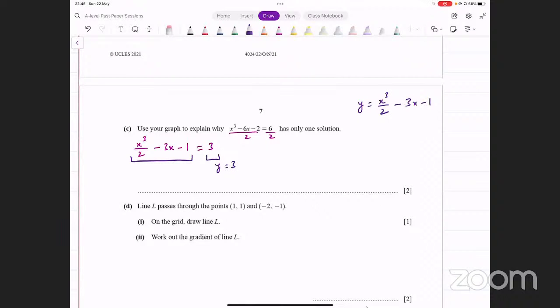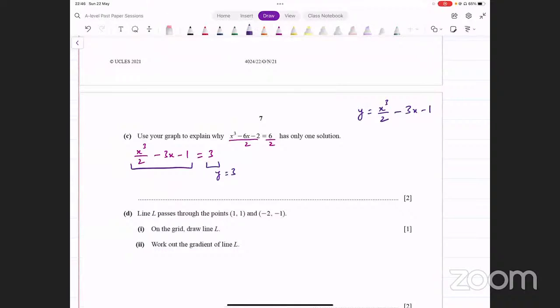So what you have to do now is draw the line y equals 3 on the grid and see at how many points it intersects your graph. Yes, that's very good, that's what you've got to do. You have to see when the two are equal, so basically where the two graphs intersect.